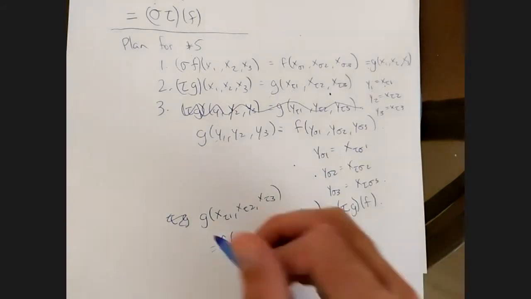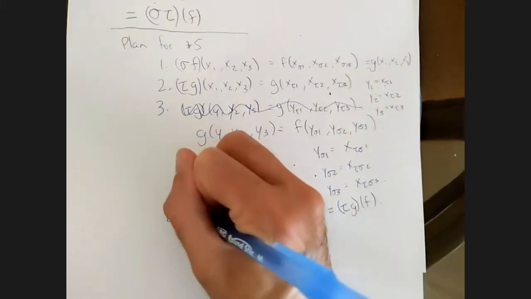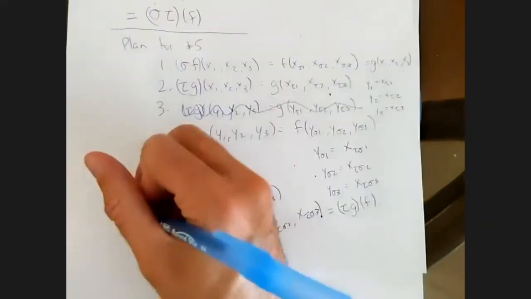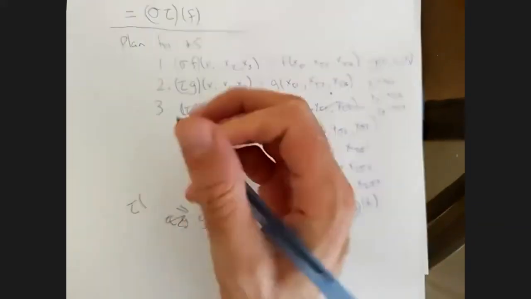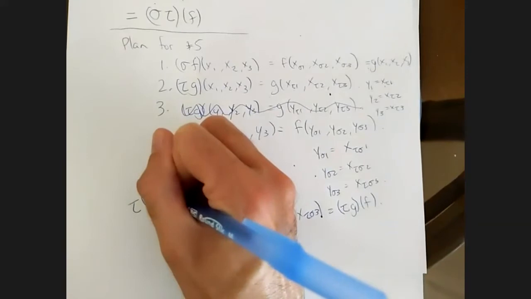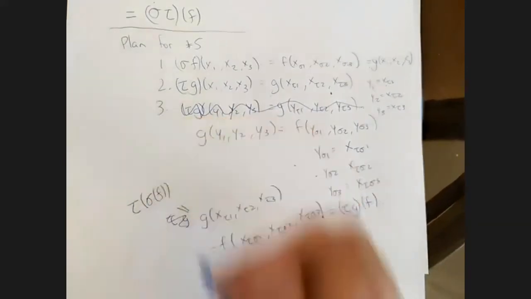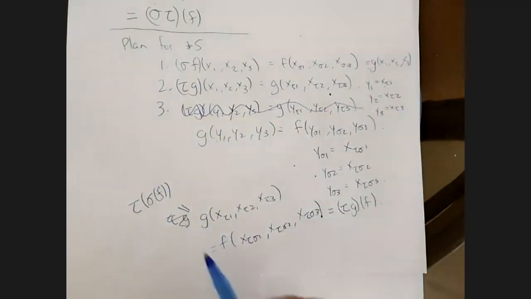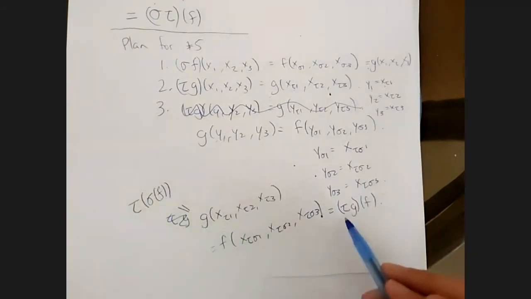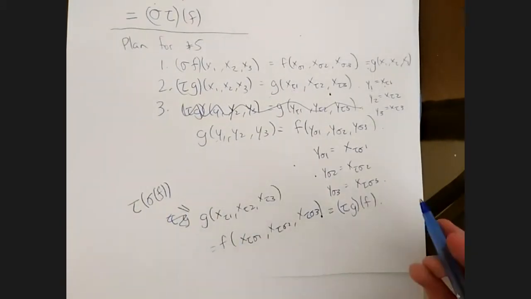And then this is just another name for tau of g, and g is just sigma f. This is tau of sigma f. So this shows that tau sigma f is just tau of sigma f, which means we have a group action.